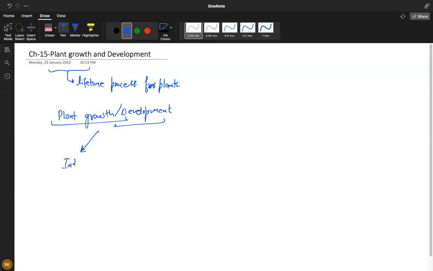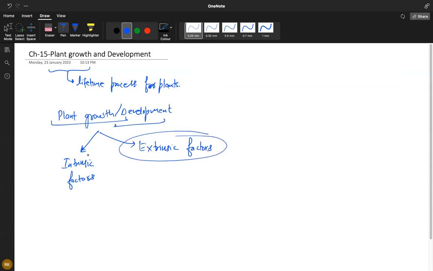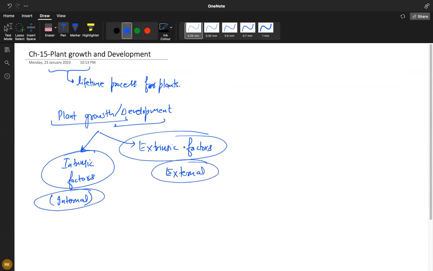One is intrinsic factors, and the other is extrinsic factors. Now, intrinsic simply means internal factors, and extrinsic are external. And I hope you can guess some of these. Can you guess some internal and external factors for plant growth quickly?